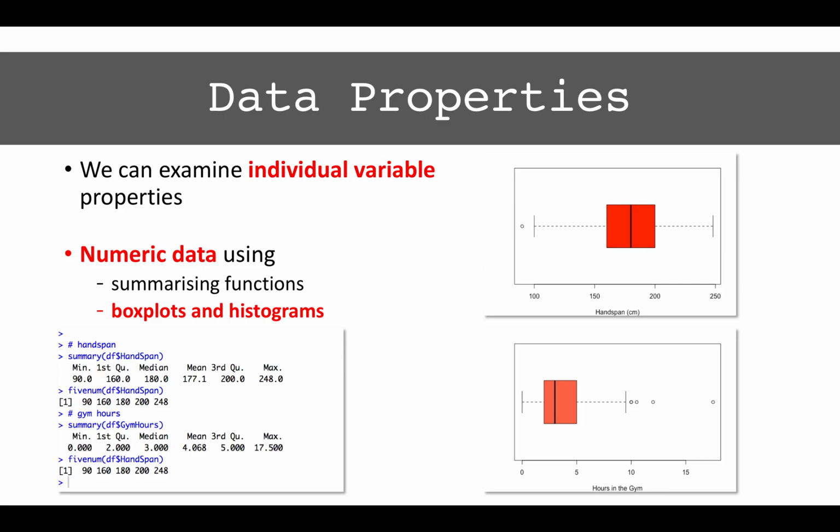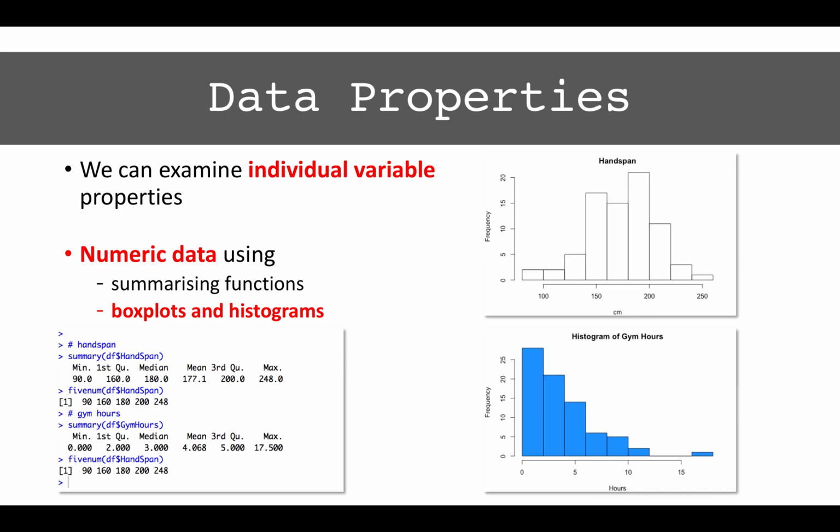Now this starts to suggest what the histograms might look like for these. We can see that one perhaps has a more normal distribution and one has a distribution that's bunched towards the left-hand side, hours in the gym. And indeed, when we plot the histograms, we can see that.